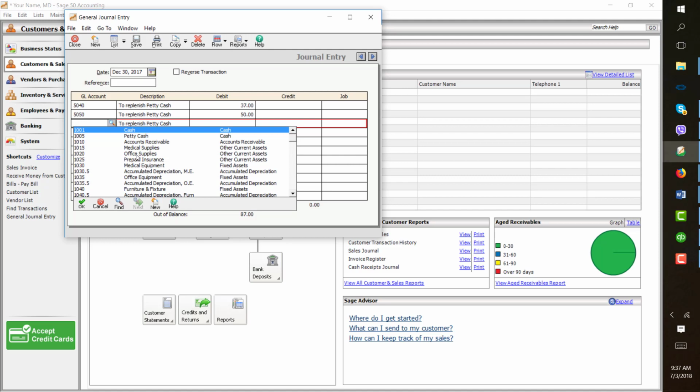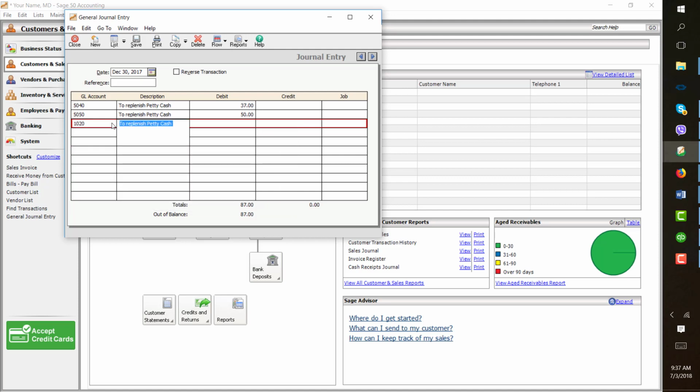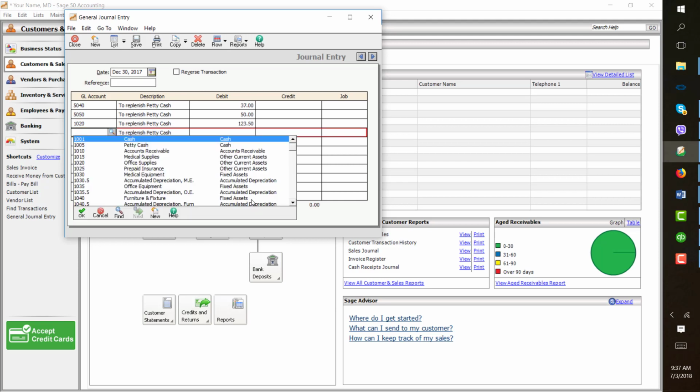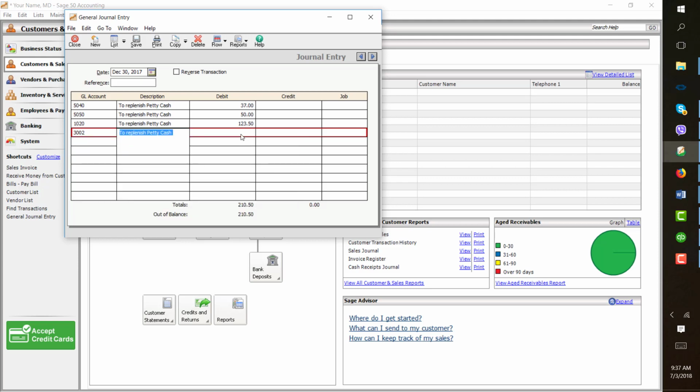You want to debit the office supplies for your purchases of $123.50. And finally, you have the last voucher representing the owner's personal use, and that will represent your owner's draw account, and that would represent the $75 debit to that account.